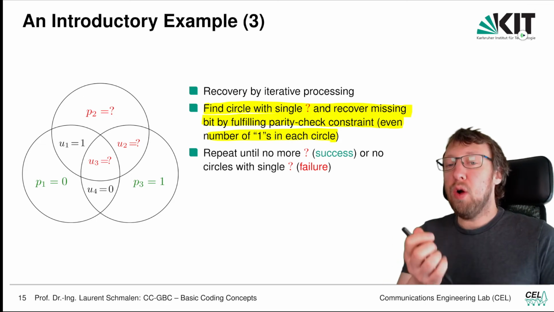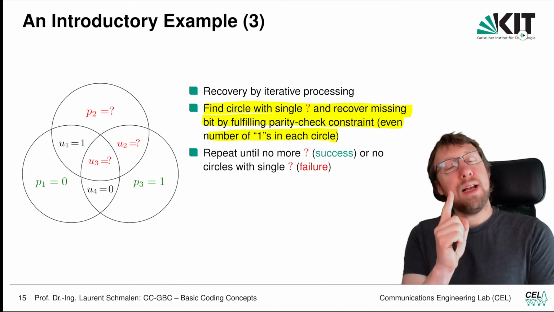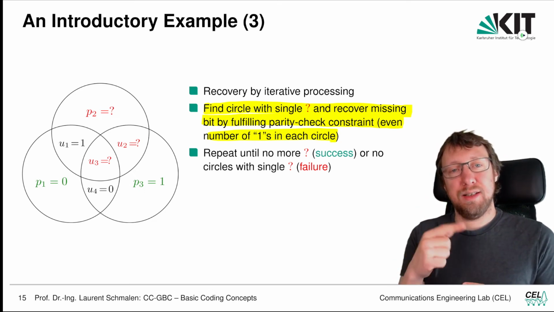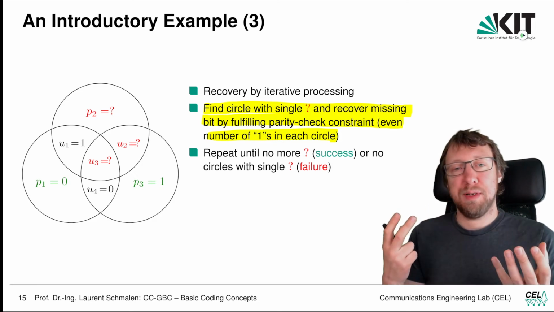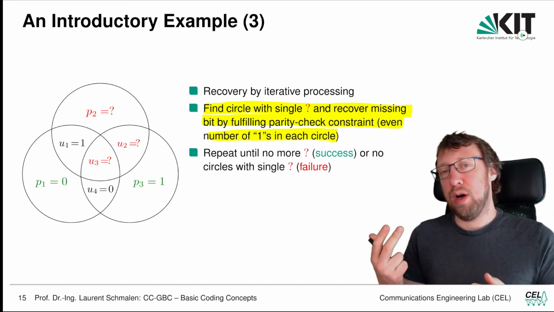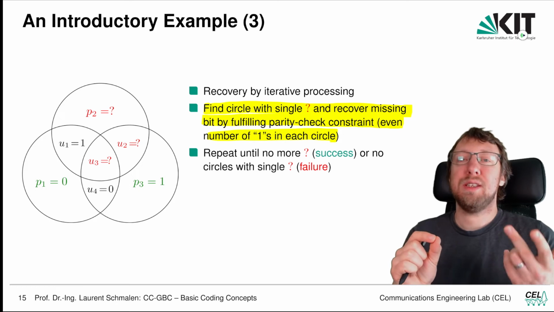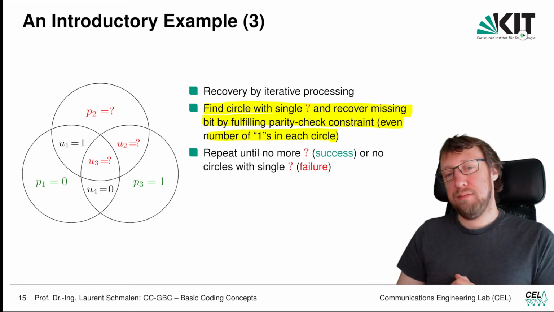We want an even number of ones in each circle. If there is one single question mark in the circle, we can easily set it because we know the number of ones must be even. So we just count the number of ones. If it's even, then the question mark must be a 0. If it's odd, the question mark must be a 1 to make an even number of ones.